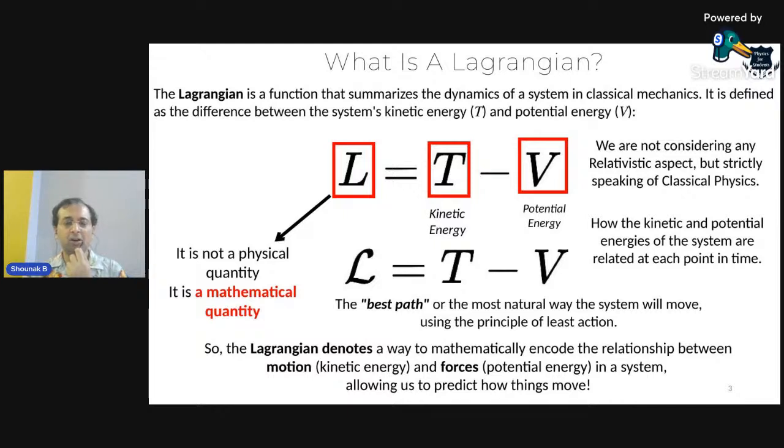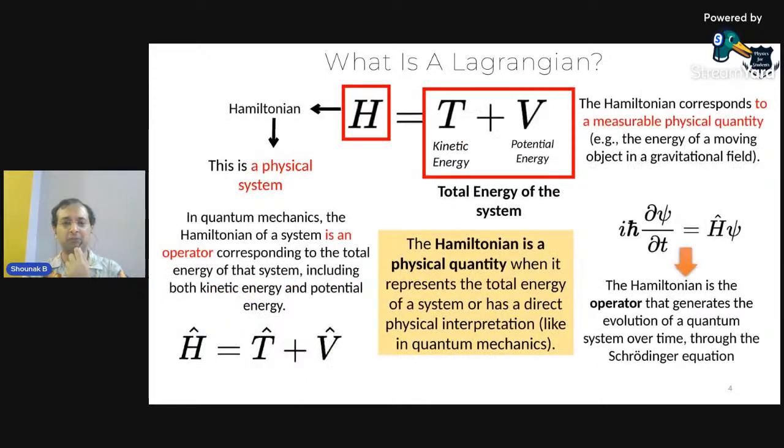Now, if we talk of anything which is physical, I would like to show you this one. Hamiltonian mechanics, or the Hamiltonian, is a very important principle and it crops up mostly in quantum mechanics. The Hamiltonian represents the total energy. If you talk of a physical system as a whole, the Hamiltonian, not the Lagrangian, is much more physical because it represents the total energy.